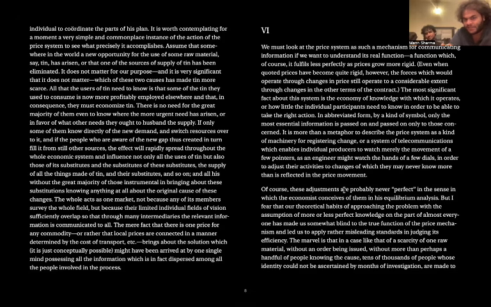Of course, these adjustments are probably never perfect in the sense in which the economist conceives of them in his equilibrium analysis. But I fear that our theoretical habits of approaching the problem with the assumption of more or less perfect knowledge on the part of almost everyone has made us somewhat blind to the true function of the price mechanism, and led us to apply rather misleading standards in judging its efficiency.